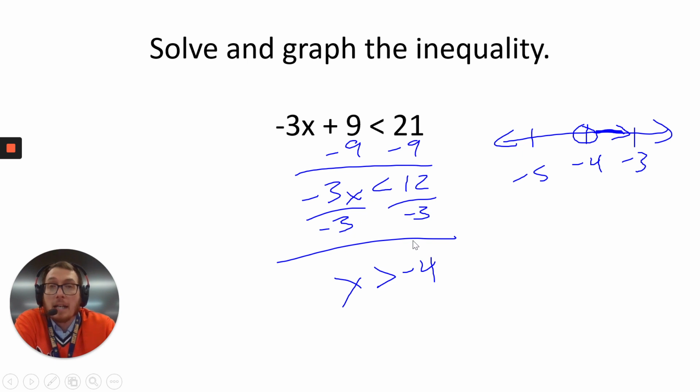I'm going to divide by -3 on both sides to get rid of the coefficient of -3. When I do that, though, remember, make a note to yourself, whenever you multiply or divide by a negative, you flip the sign. So this would be x greater than -4, and the idea is because a negative times another negative will become positive. I have an open circle at -4 because it doesn't have the equal to, and I want greater than, so that would be area to the right, because you're looking for numbers that are higher than -4.